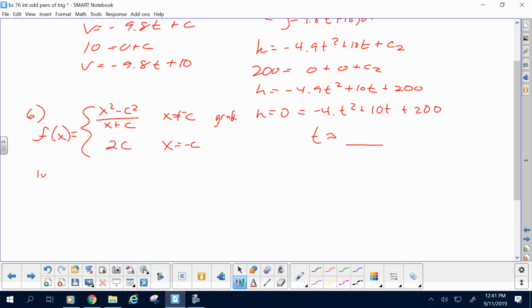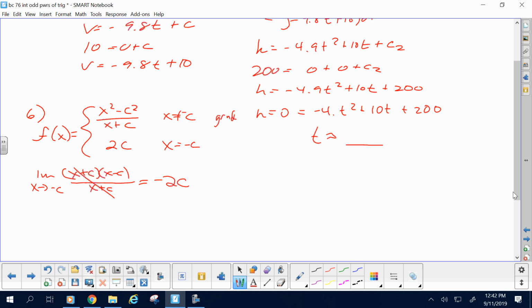So the limit as x approaches negative c, what is it? As x approaches negative c, I divide out x plus c. Negative c minus c is negative 2c.